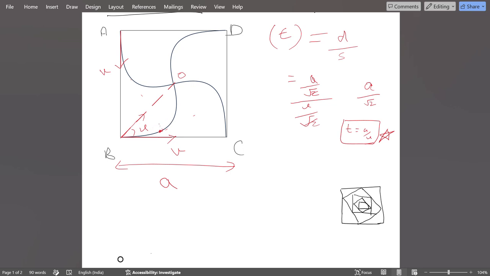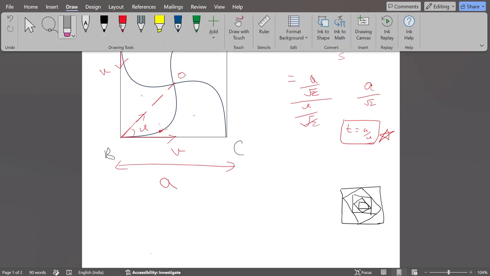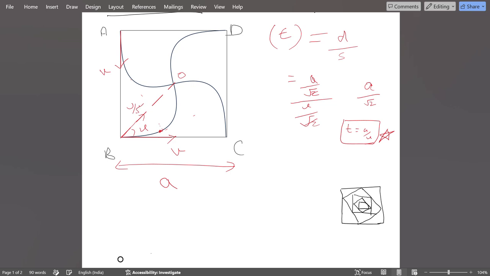So this was v upon root 2. I guess you guys got the concept, the visualization.